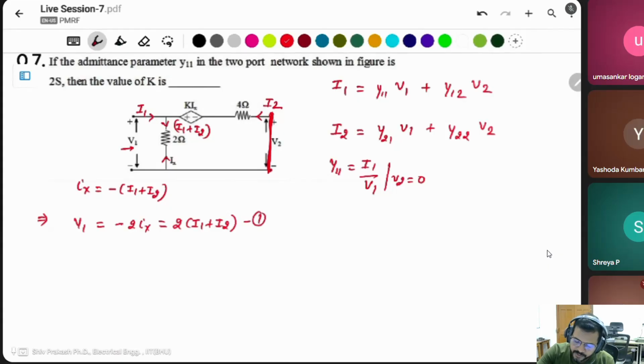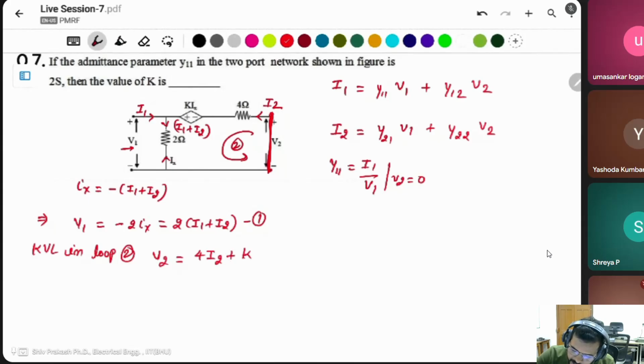Question number first. Then apply KVL in loop 2. What is V2? V2 is equal to 4I2 plus K into Ix. What is Ix?